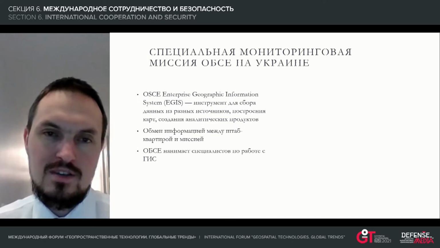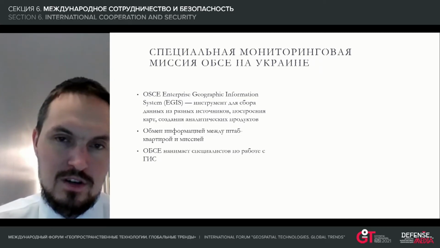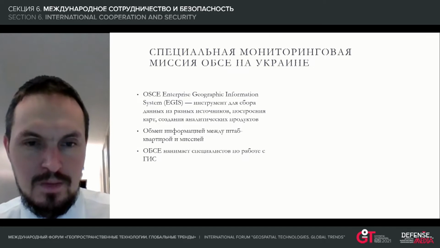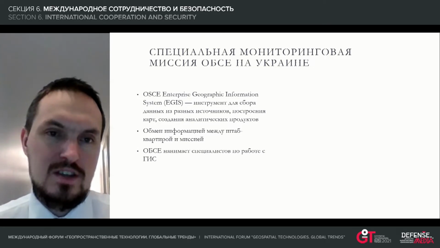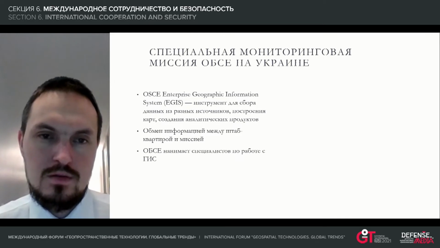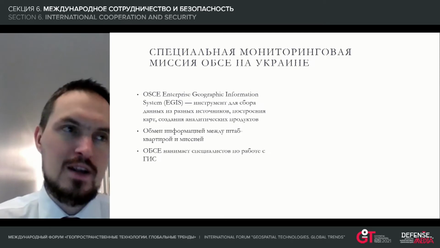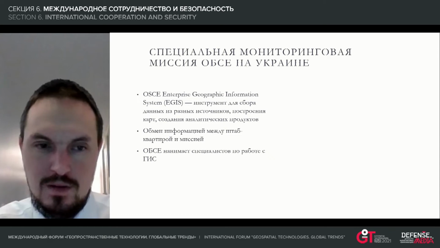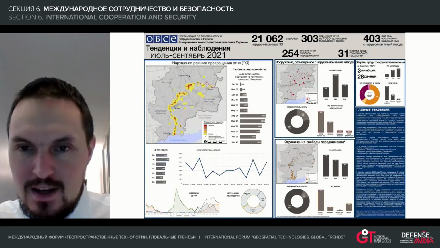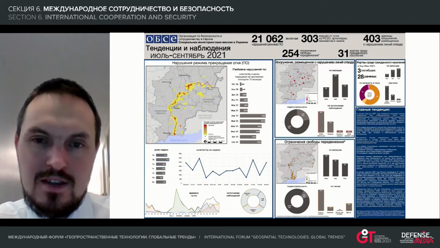Information is exchanged not only inside the mission that works in Donbass and in other regions of Ukraine, but the OSCE headquarters are located in Vienna. In order to control certain platforms, they hire outsourcers, and they also outsourced the GIS experts' services.